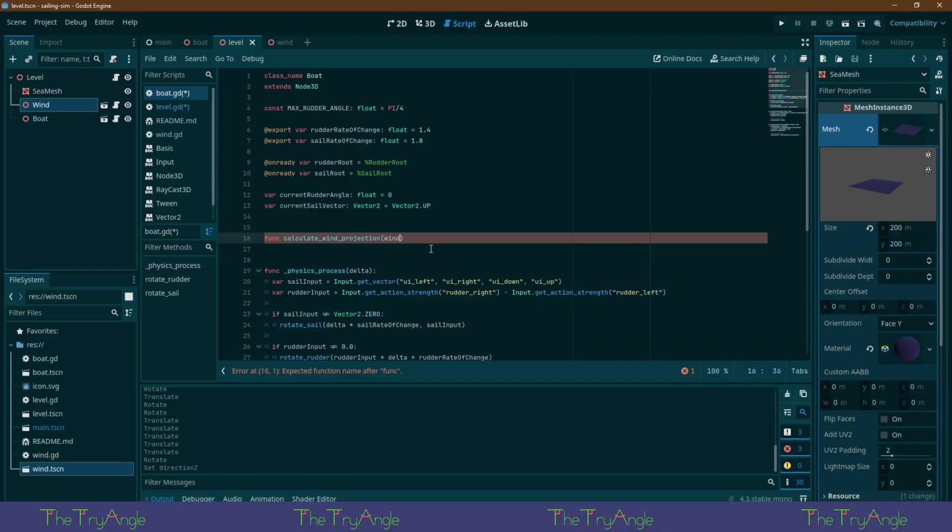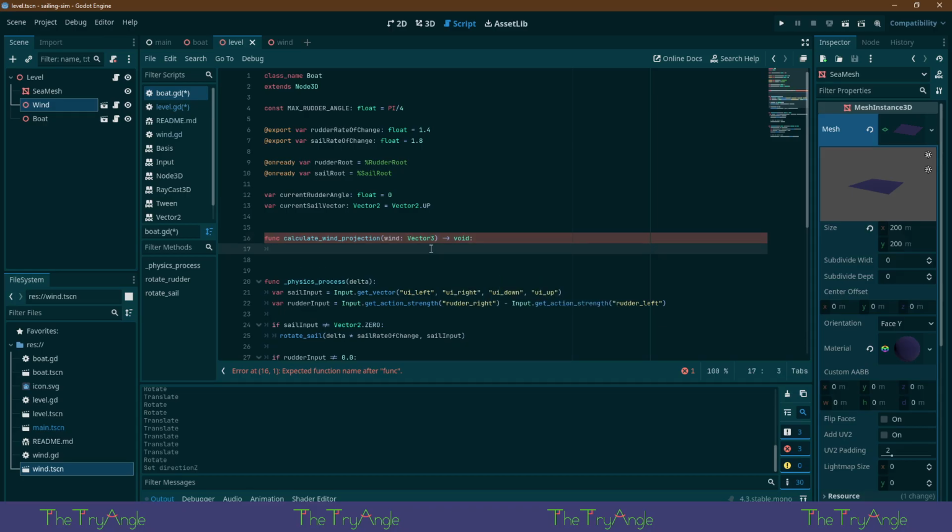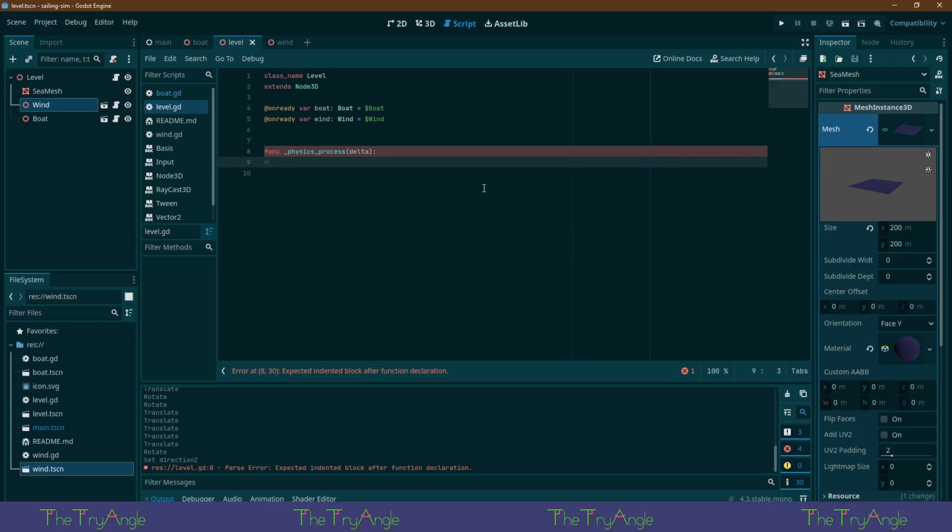And here's the wind. It's a Vector3. It is a void. I'll just do that for now. Boat, calculate wind projection, and wind, get wind. Cool. So that's happening.